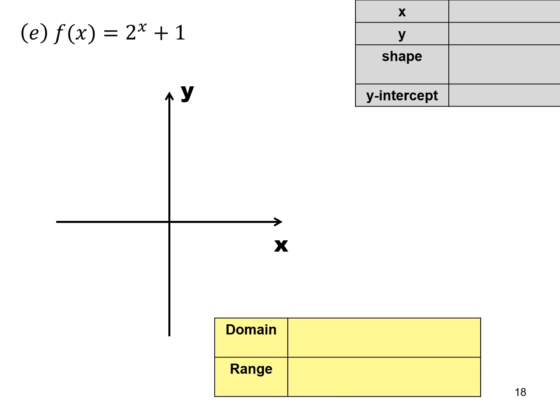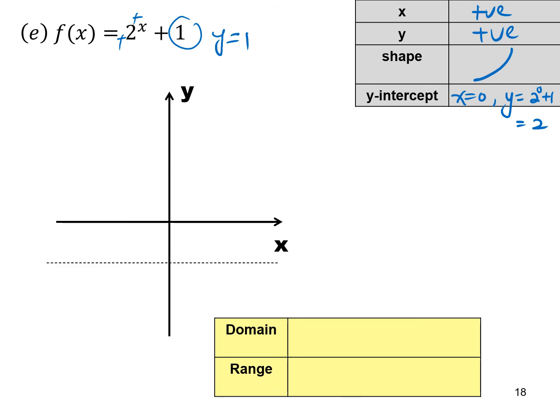f(x) equals 2 to the power x plus 1. So from here we can see that we have y equals 1 here. So this is positive, positive, so x positive, y positive, and then the shape is like this. Y-intercept at 0, y equals 2 to the power 0 plus 1, which is 2. Alright, so we have a line here. This is y equals 1.